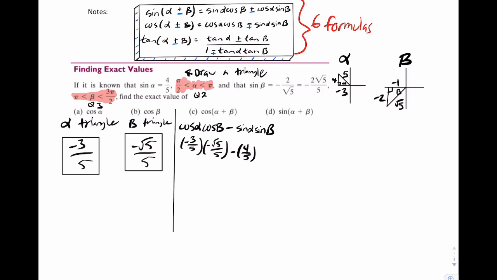Sine beta, that's -2 root 5 over 5. Let's put it together. That's 3 root 5 plus 8 root 5, all divided by 25, or 11 root 5 over 25. And there it is. Done.